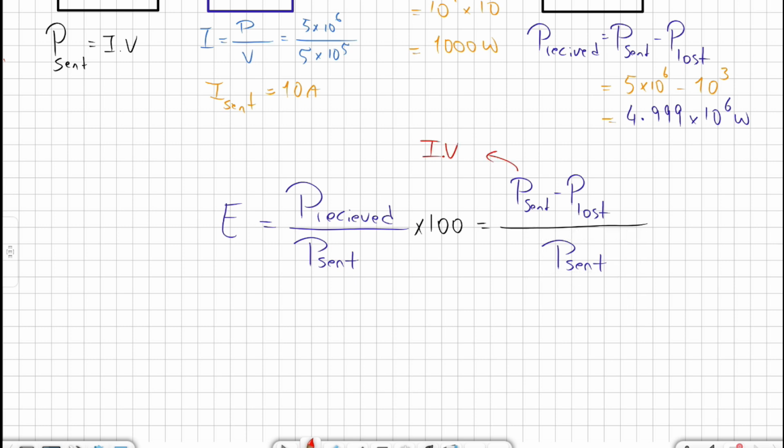Power sent, remember that it is always I times V. Power lost is always I square times R, and the power sent again is I times V. Multiply the answer by 100 to get the percentage of the power that is received by the town. That is called the efficiency of a power transfer.